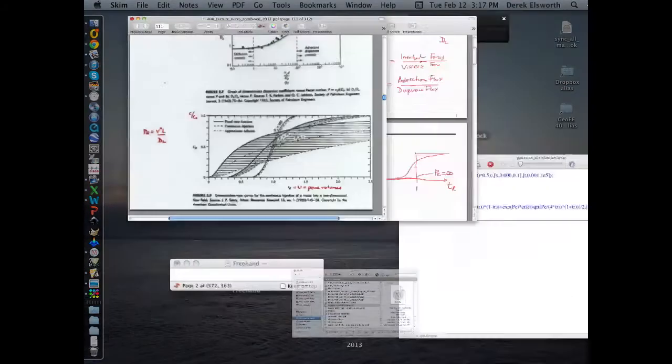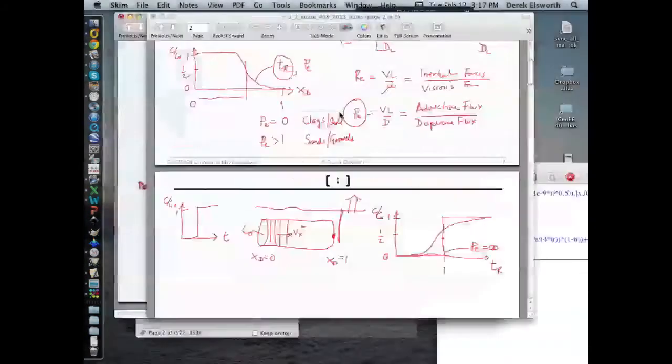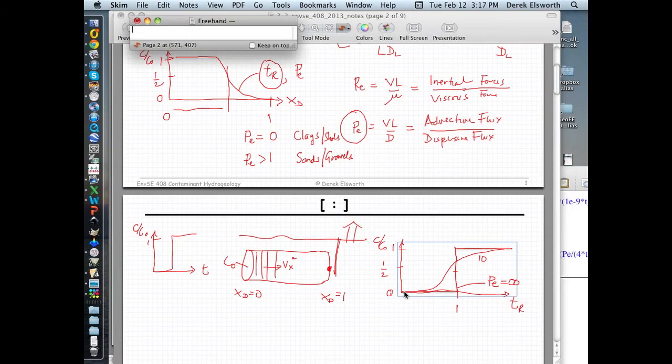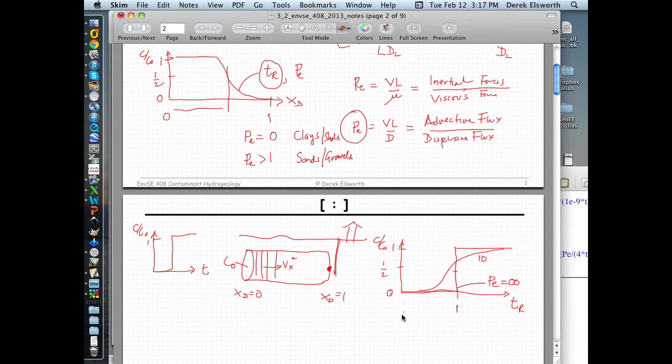Okay, and so for Peclet, this is, say, Peclet number 10. And this is for a value maybe equal to 1. And so this is an important plot.